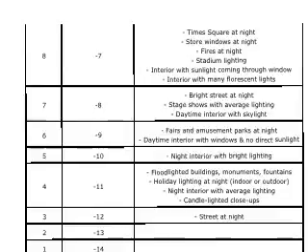So let's start at the top. Times Square at night, store windows at night, fires at night. We'll stop there. More than likely, that's going to be between the 5 and 8 range of an EV setting. Because what you're doing with an EV setting, anything above 0 that's positive, you're offsetting for the darkness in that area, the darkness in that light setting that you're in, that you're taking a picture of.